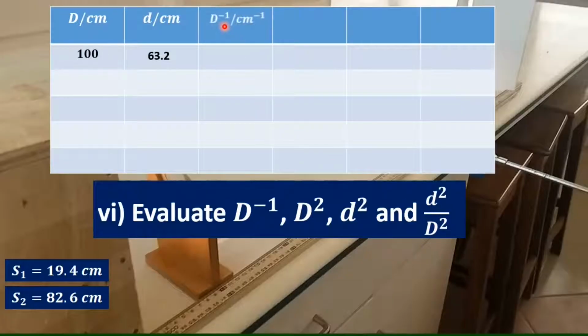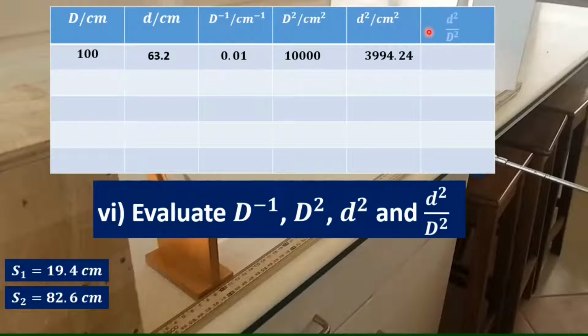For capital D inverse, we have 1 divided by 100, which is 0.01 per centimeters. For capital D square, we have 100 square, which is 10,000 centimeters square. For small d square, we have 63.2 square, which is 3,994.24 centimeters square.